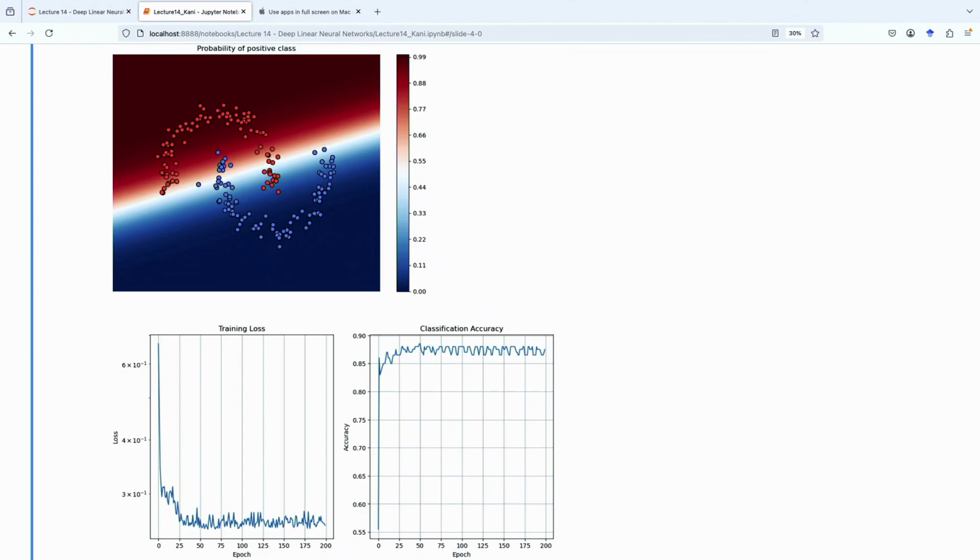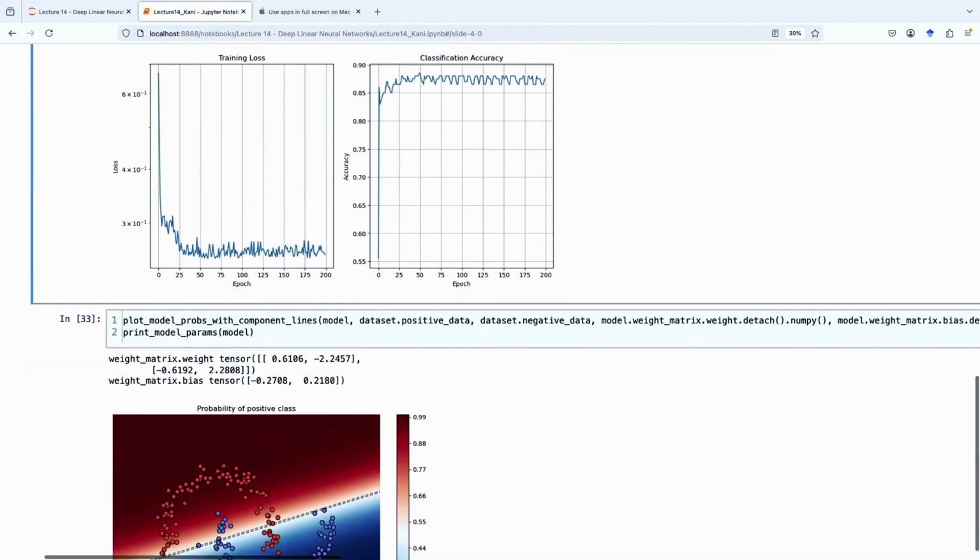Really what we want is a barrier that could curve itself around the class, right? That would be nice. So the question becomes, how do we get that?